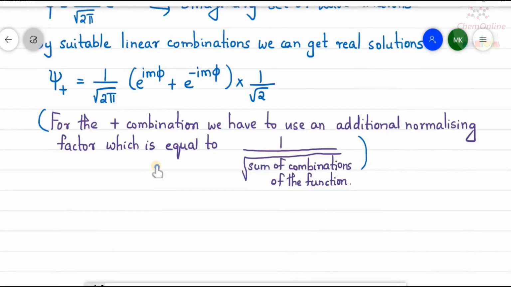For the plus combination, we have to use an additional normalizing factor which is equal to 1 by root of sum of combinations of the function. And that's why we have written 1 by root 2. We have two functions, e raised to im phi and e raised to minus im phi. So the plus combination will be xi plus equals 1 by root 2 pi, e raised to im phi plus e raised to minus im phi, into 1 by root 2.